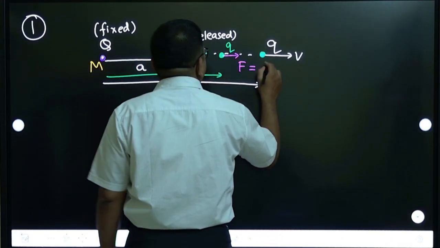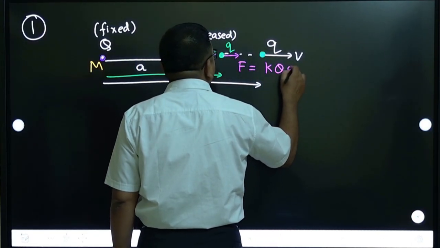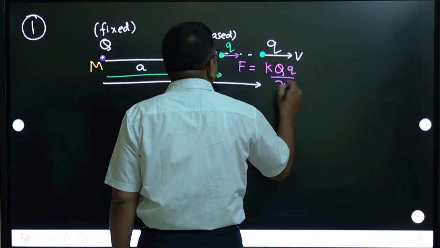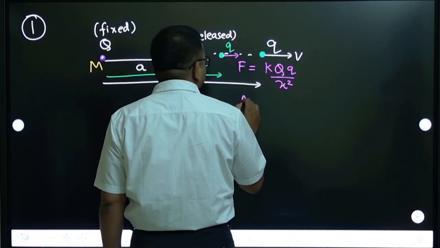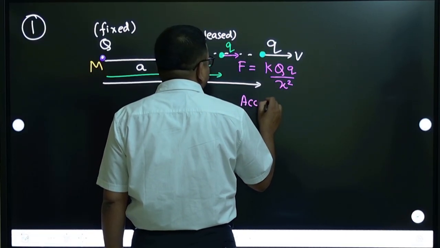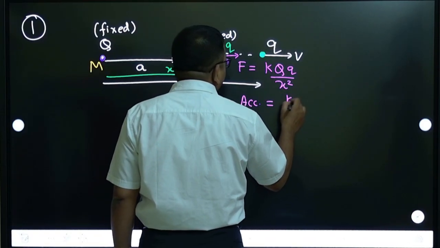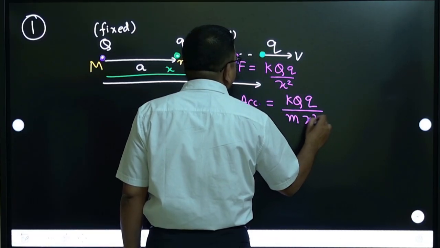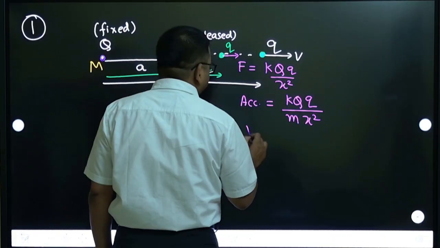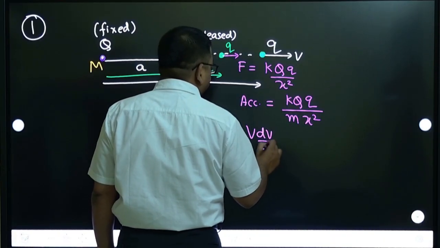So k capital Q small q by x square, and force is mass into acceleration. So acceleration is force by mass, k Q q by m x square, and acceleration I can now write as v dv by dx, correct?